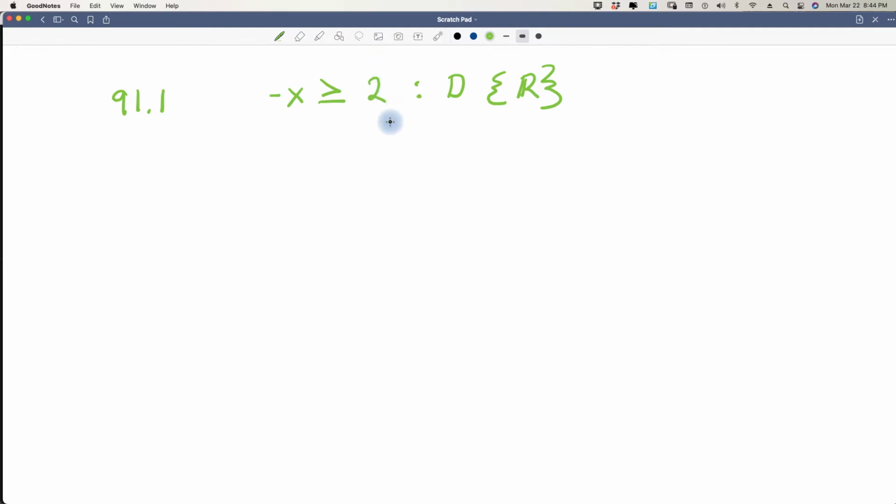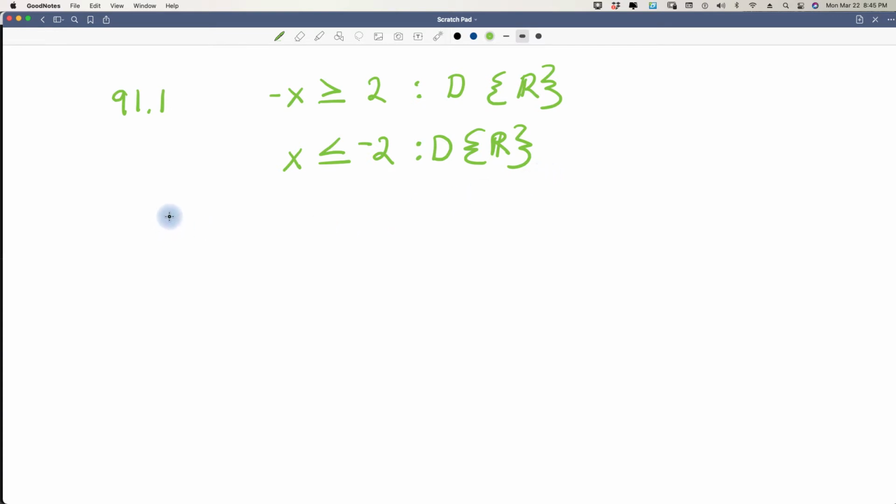So we're going to multiply this times a -1, which will give us -1 times -x is a positive x. We're going to flip the middle sign, and then -1 times 2 is -2. This remains the same. Okay? So now we can actually graph that.